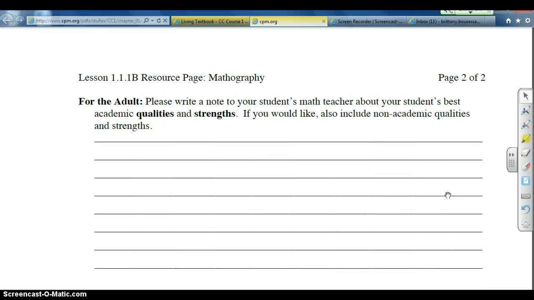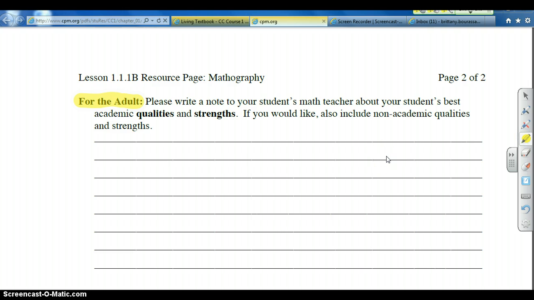When you are done placing those X's, you're going to move into the final section, the part 2 of your total mathography. This is for parents or grandparents or whatever adult that you live with. This is going to require a little bit of written response from them if possible.